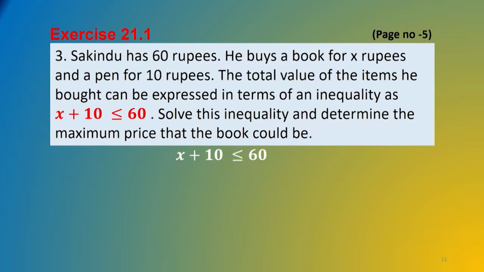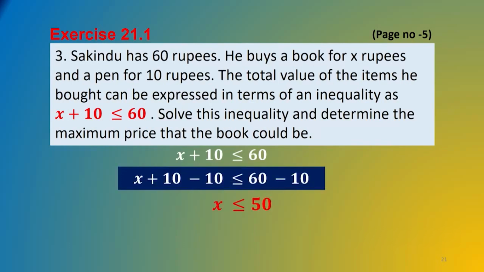Here, in this question, the inequality is given. Then first you have to write the inequality again. X plus 10 is less than or equal to 60. Now, simplify that. How to simplify that? Remove plus 10.